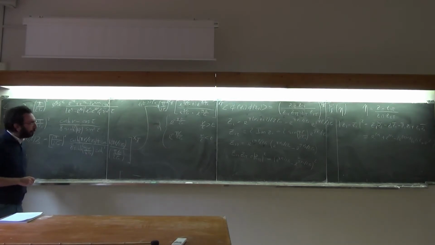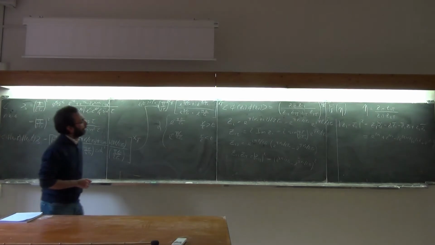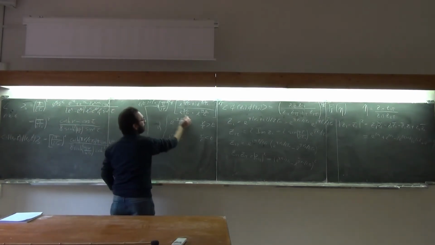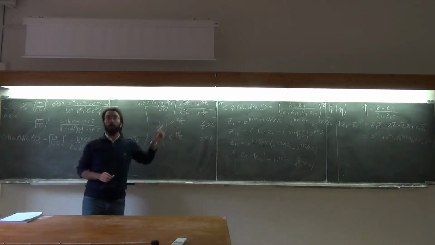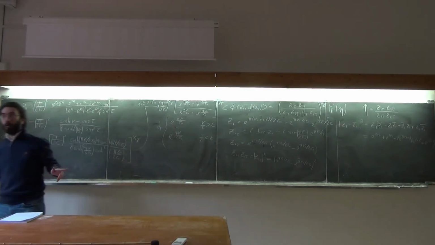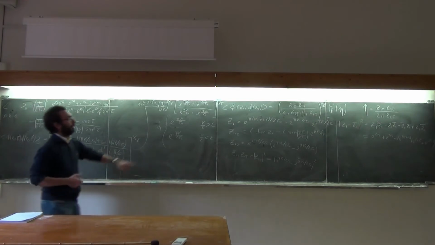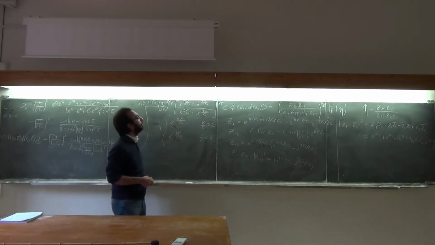So notice a few bits here. First of all, this is just the square of the 1-point function that we derived last time. We have pi t divided by 2 tau naught before.